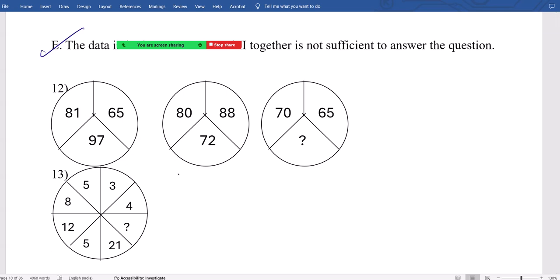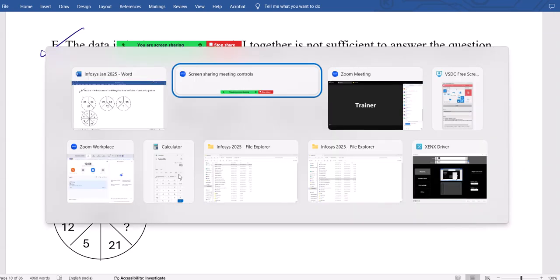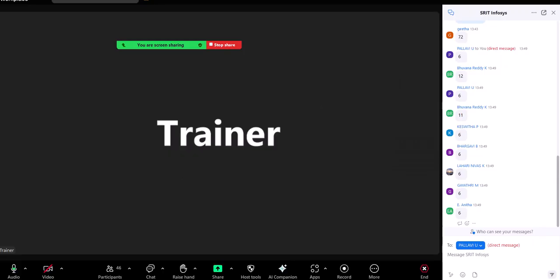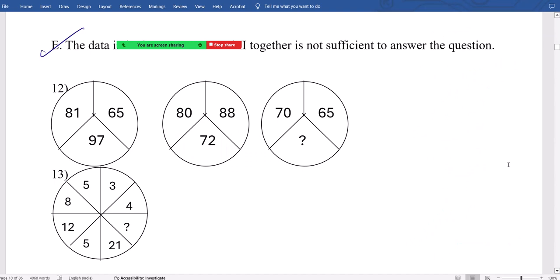Here also the options are not given. We can find two different possibilities. What's the answer? 81, 65, 97, 80, 82, 72, 70, 65. This document I'll share with you, so don't worry about noting down the questions. Focus on the solutions.